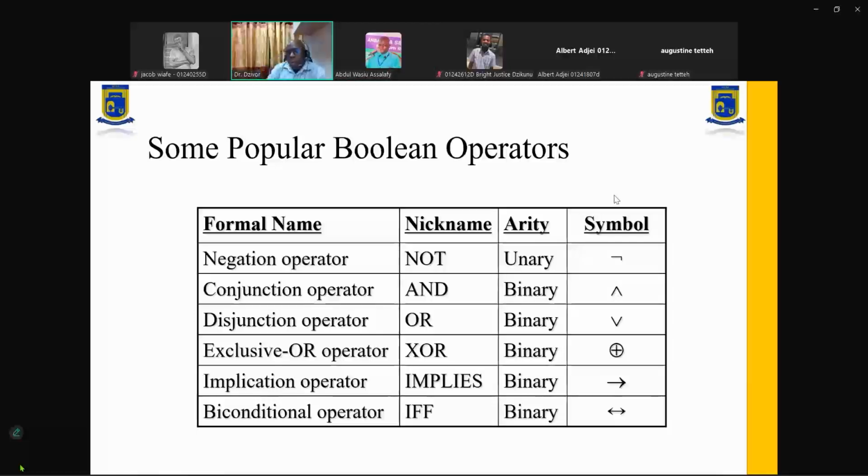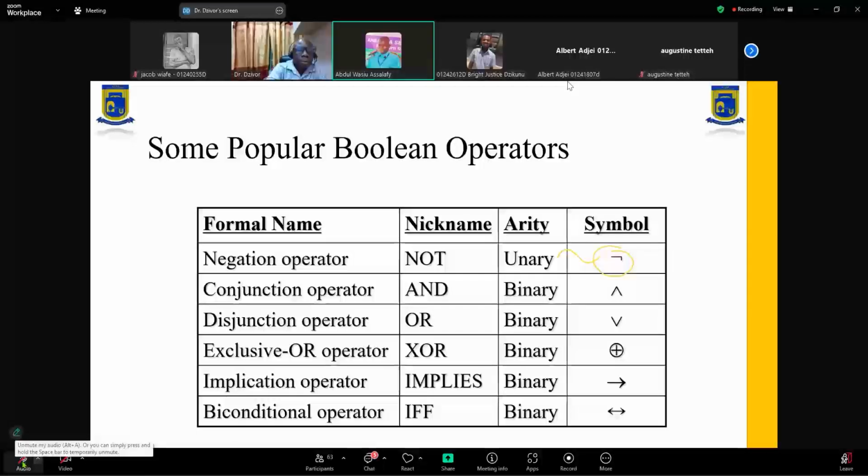So the symbolic for the not operator, or the negation operator, is either this or tilde. Have you seen a tilde? So you either see the angle or tilde.